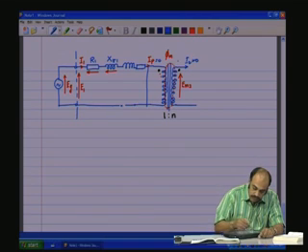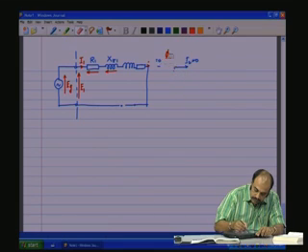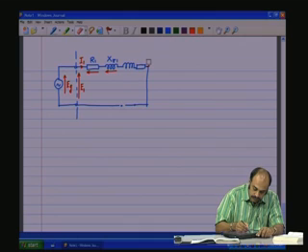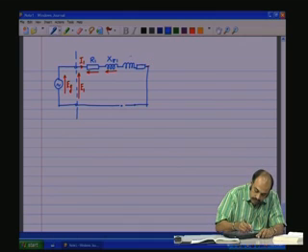As this is equal to 0, this ideal transformer could also be removed. So, equivalently we have just this portion as the equivalent circuit now. This would be X sigma 2 by N square. This is R2 by N square.